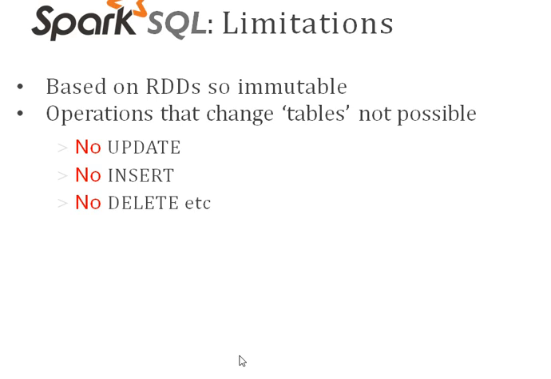However, the limitation is that you cannot change it. In a relational database SQL, we can update, insert and delete without any problem. But for SparkSQL, because of the resilient distributed dataset, we cannot change the table. We cannot even delete anything, so the original table remains the same.